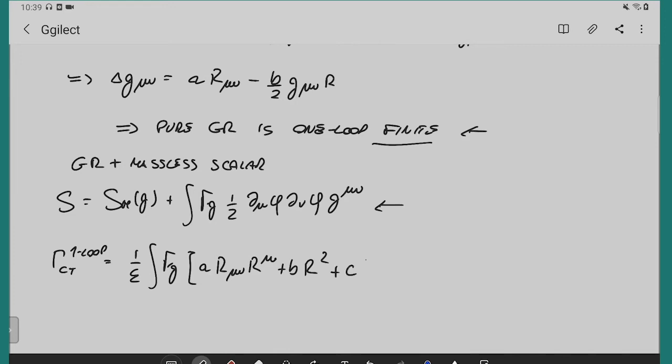Then you have other terms, which contain higher derivatives as well.